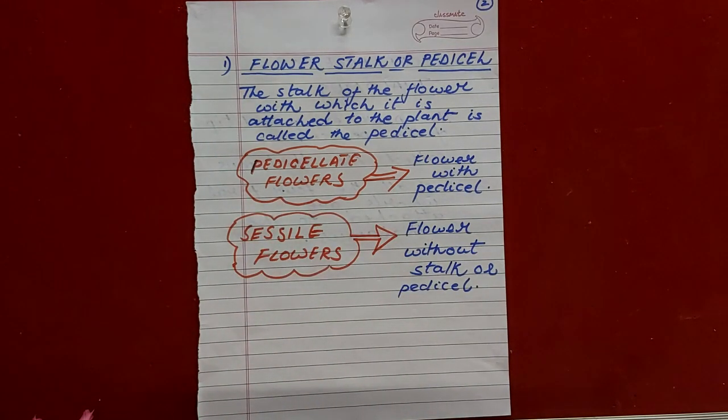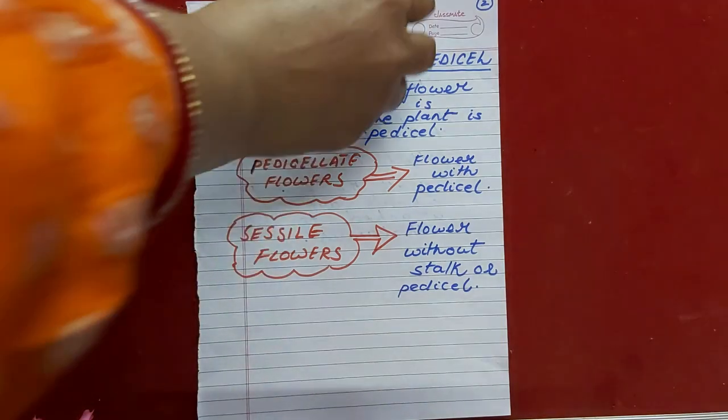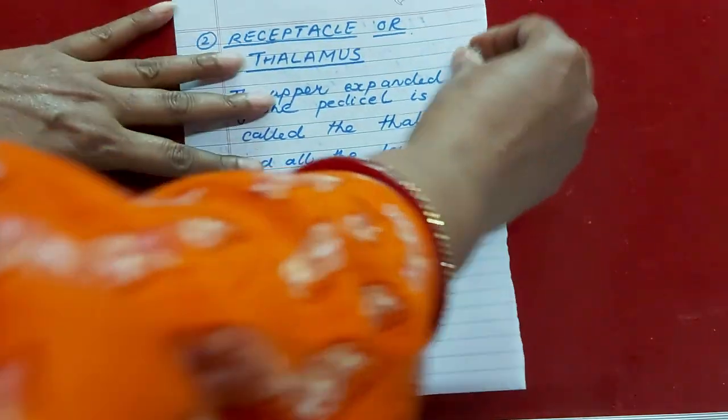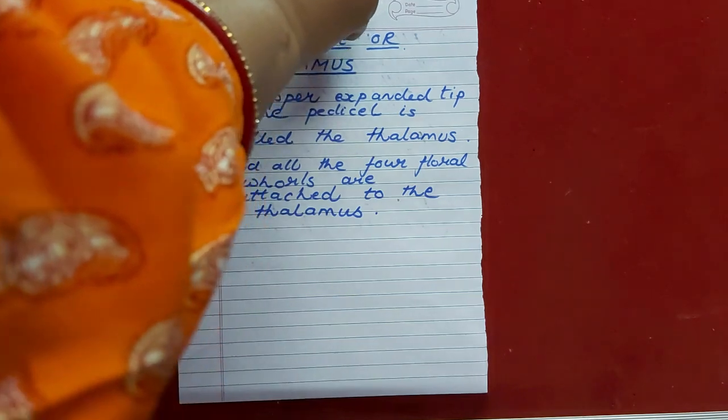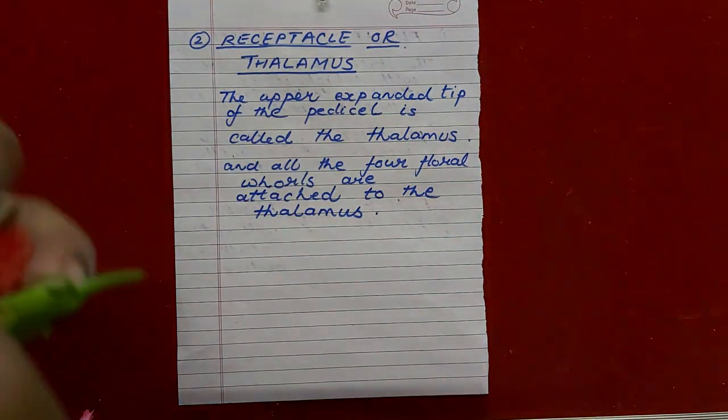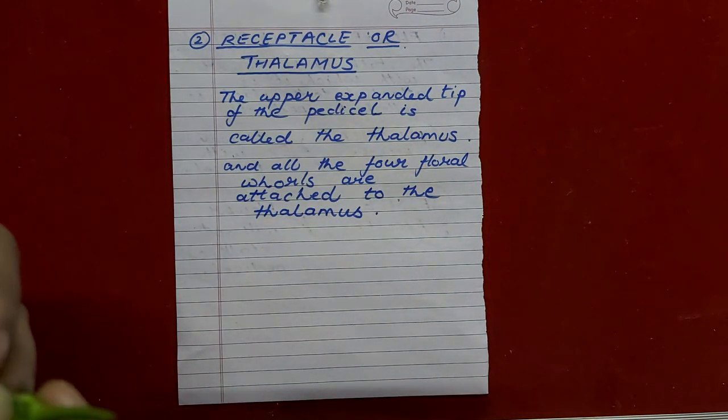Now the next part of the flower is the receptacle or thalamus. See this one, the swollen portion is called the thalamus or the receptacle.